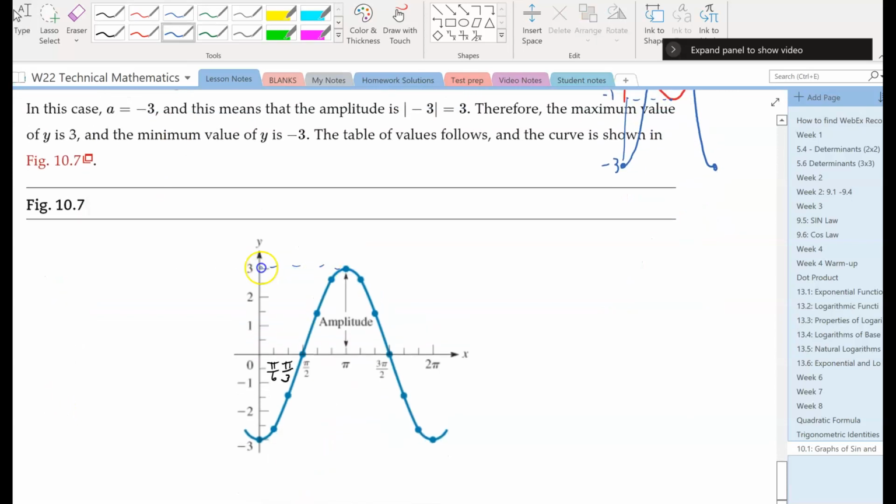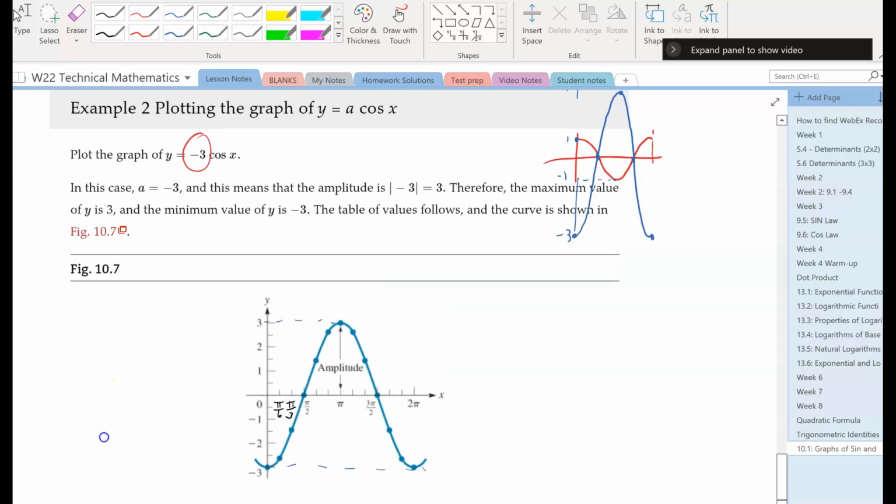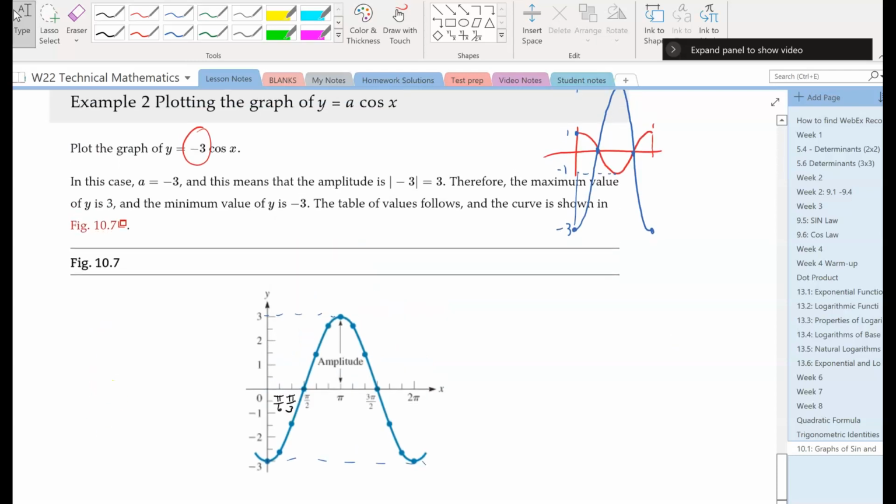On my graph, I have it compared to cosine before. So let's put cosine before anything happened to it. -1's there, +1 is there. All right.